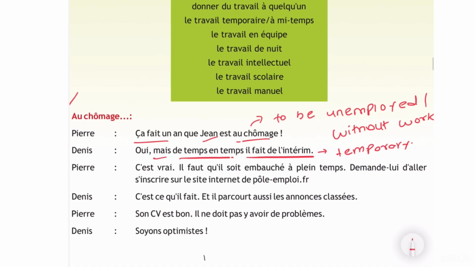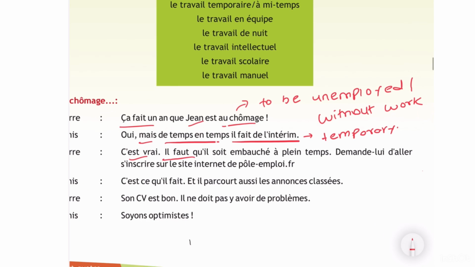Okay, so c'est vrai, il faut qu'il soit embauché à plein temps. Demande-lui d'aller s'inscrire sur le site internet des pôle emploi.fr. That is, he's saying, yeah, that's true that he's doing part-time work, but it is necessary, il faut. Il faut is an expression, always followed by que, and here it is necessary that he must be hired full time.